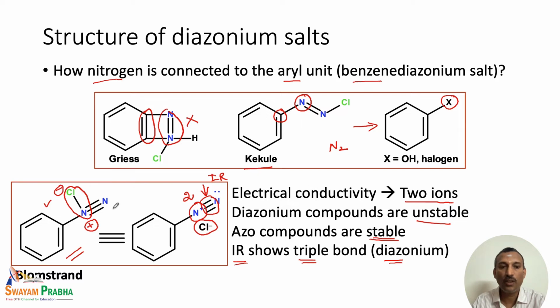So even though this is the correct structure for writing benzene diazonium salt, what we have to give is a charge on nitrogen and the chlorine, which clearly tells that there are two ions present in this particular system. That is the reason this is the most acceptable structure for benzene diazonium chloride.